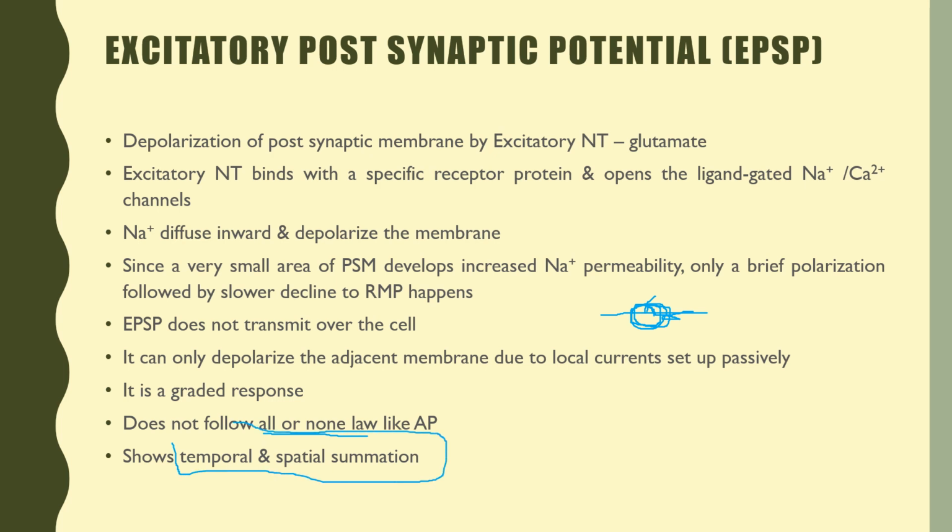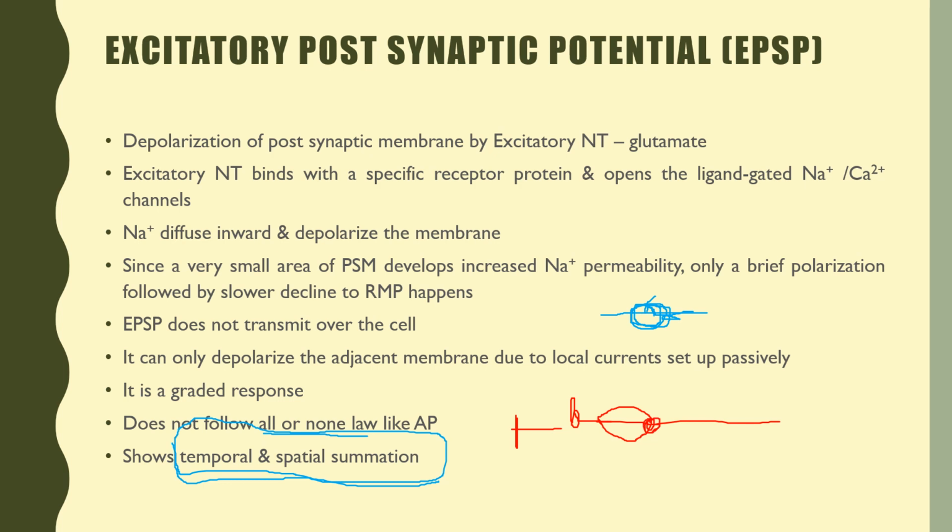Two types of summation. Again, we will talk about these two. Temporal as well as spatial. What is temporal? Temporal is timing. Means, suppose this is one neuron and this is the second neuron, that is the postsynaptic neuron. We stimulate it this one time. It will release the neurotransmitter, then make this thing excite.